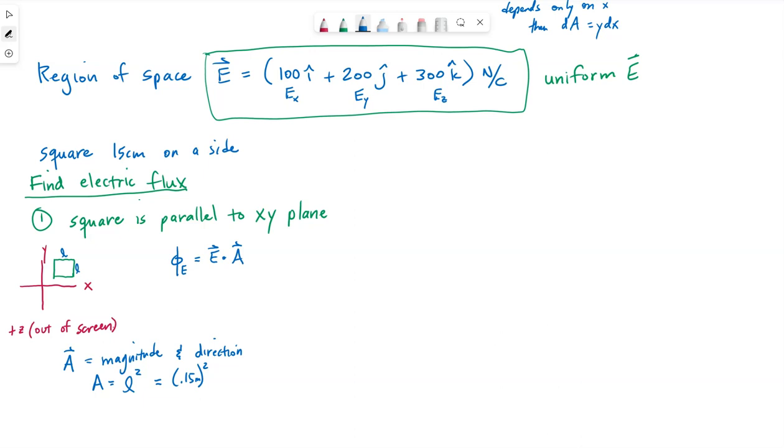The direction is always normal to the surface, meaning it's perpendicular to the surface. Since this square is in the xy plane, the z direction is the direction that is normal to the surface.